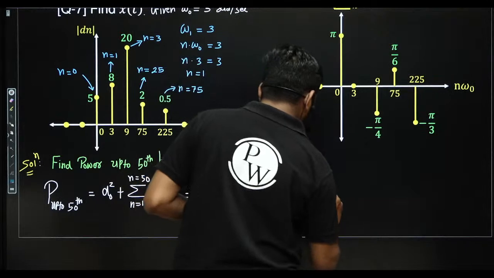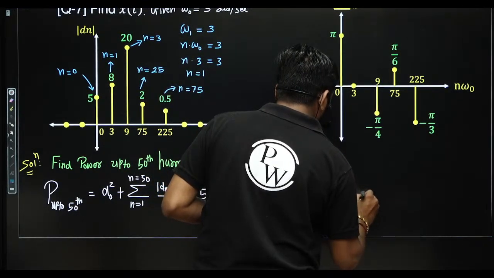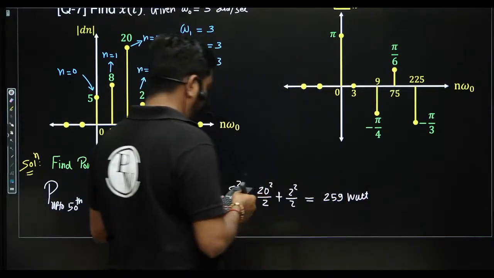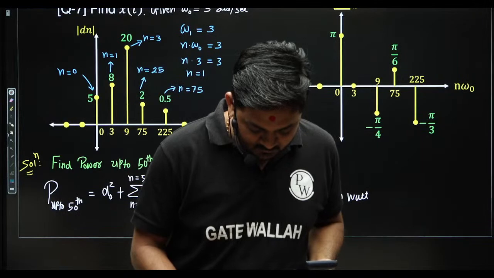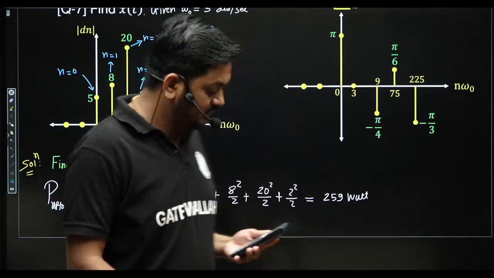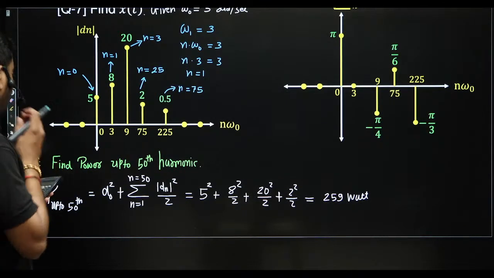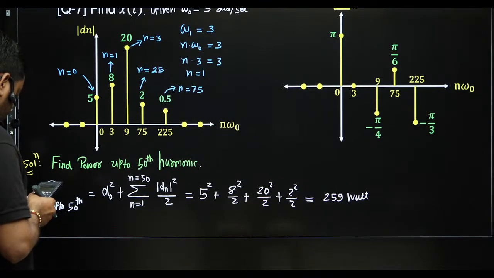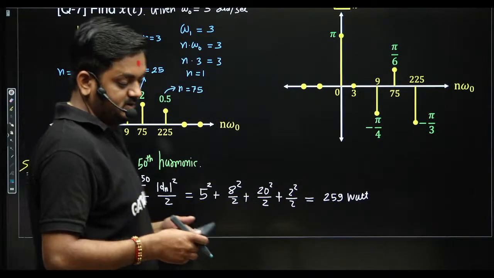So I think it should be 259 watt. 259 watt guys. Are you getting? Correct? Again, let me calculate again. 25 plus 32 plus 200 plus 2, yes, 259 watts.